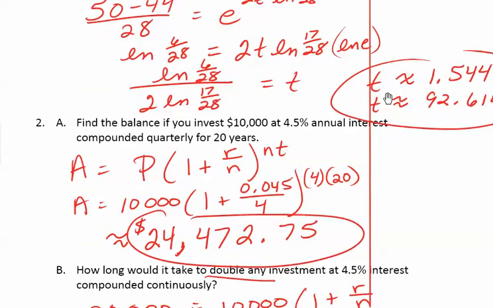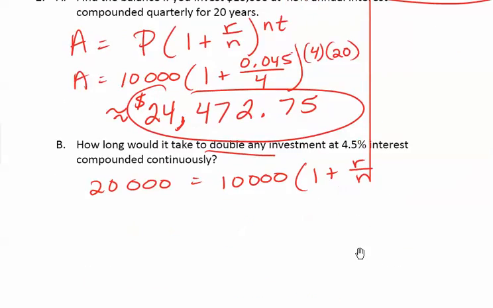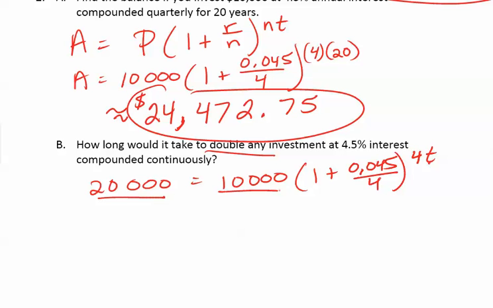Our interest rate, and then our nt. This time our t is our variable. It doesn't matter whether it's $10,000 to $20,000 or whether it's $5 turning into $10, because you're going to divide. So if you want your money to double, you're simply going to put a 2 on this side.